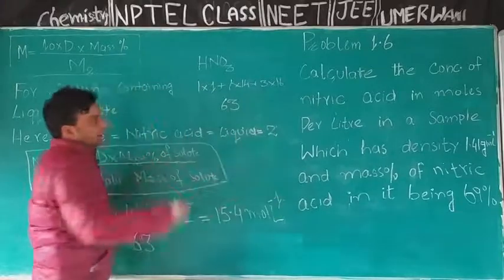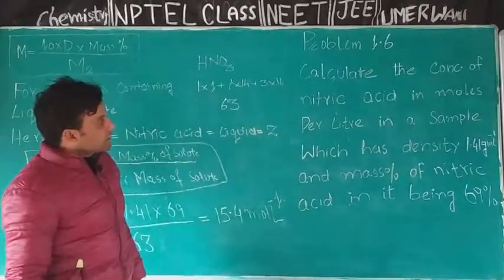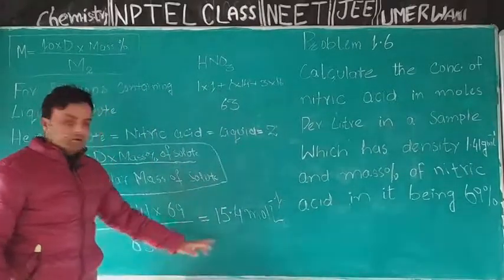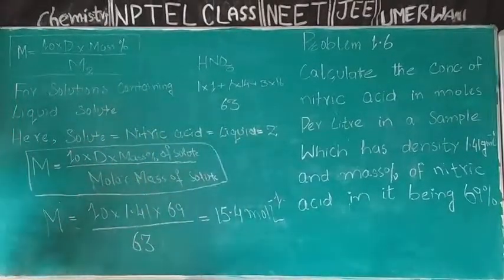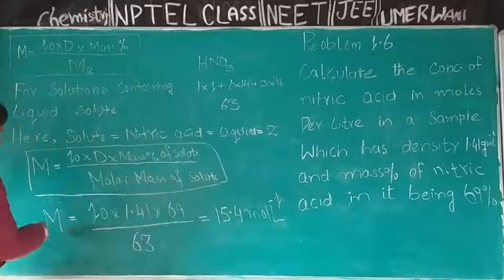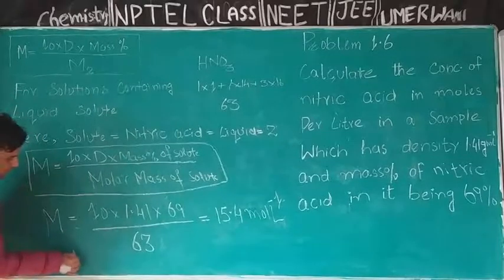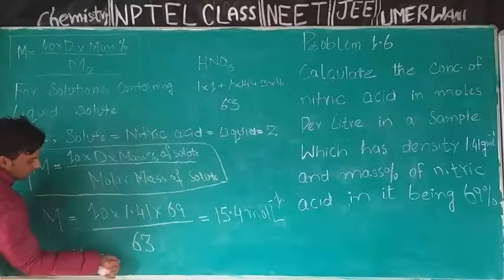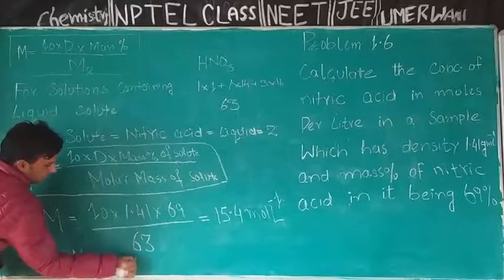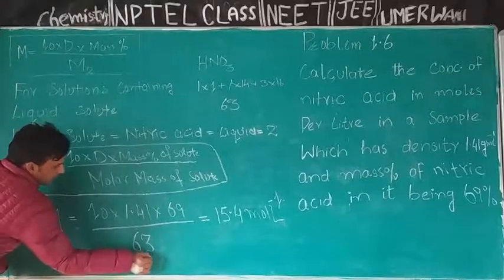And we were asked to calculate the concentration of nitric acid in mole per liter, which is the unit of molarity of the solution. Therefore, our answer is: molarity is equal to 15.4 mole per liter.